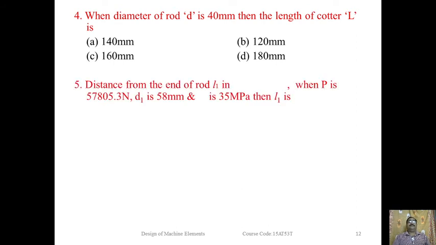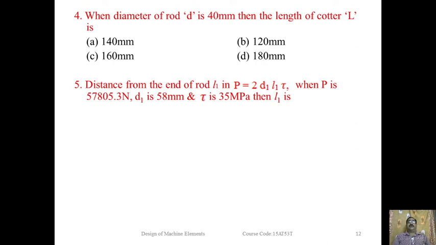Fifth one: the distance from the end of the rod L1 in the equation P is equal to 2 d1 L1 tau, when P is 57,805.3 Newton, D1 is 58 mm, and tau is 35 megapascal. Then L1 is.